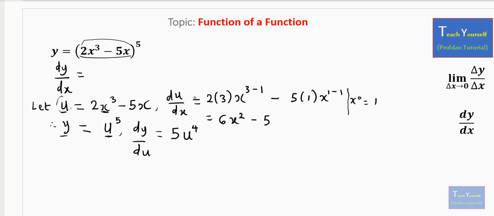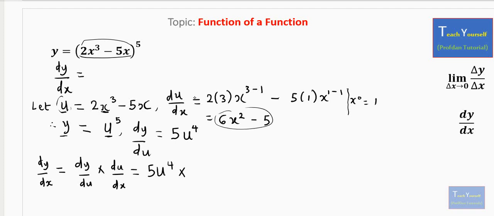Next, according to your function of a function formula, which is what we call the chain rule, you have dy/du multiplying du/dx. That gives dy/du, which is 5u raised to power 4, multiplying du/dx, which is 6x squared minus 5.